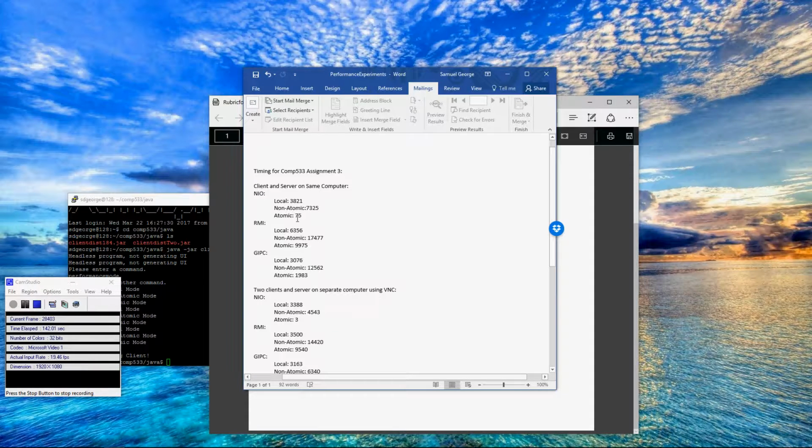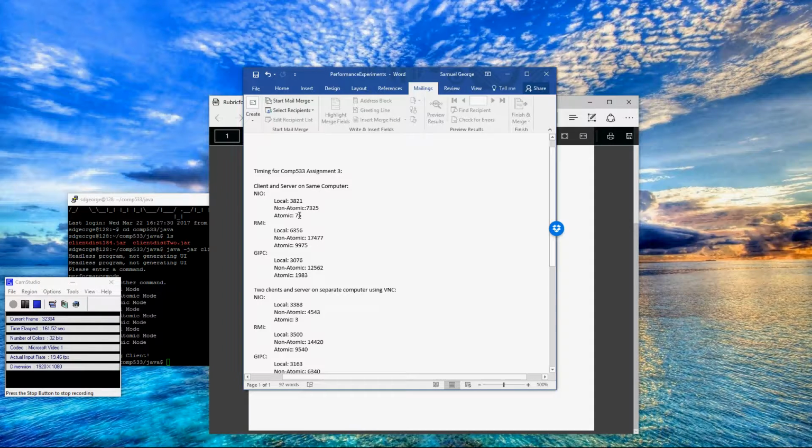So given how these all work, it makes sense that non-atomic is much slower than atomic, where you just send to the server, and when you get the messages back, you can pass them off directly to the other.